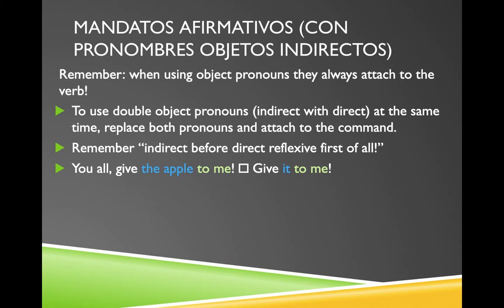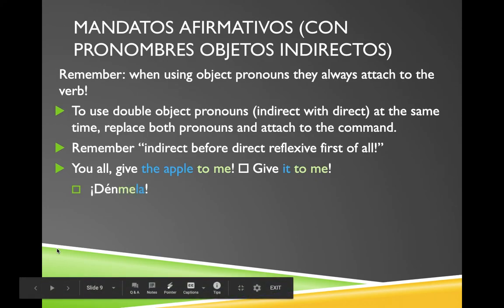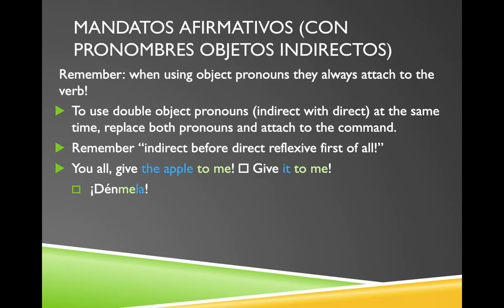Y'all, give the apple to me. That's an ustedes command. Give it to me. The verb to give is den. Dar is an -ar verb, opposite ending, den. The apple, how do we say apple in Español? La manzana. So it becomes la, right?